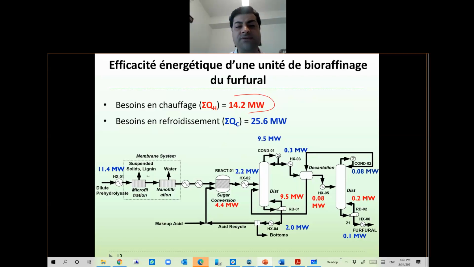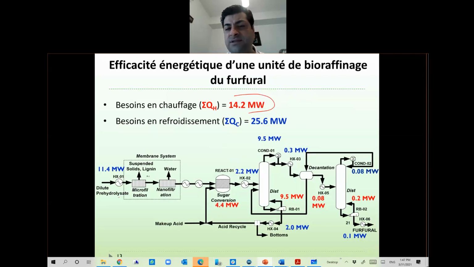And we have some streams that need to be cooled. So they are heat source streams. For example, at the beginning we need heat exchanger number one in order to cool down our stream before getting into the filters. So there are a couple of parts of the process that are heat sinks and heat sources.